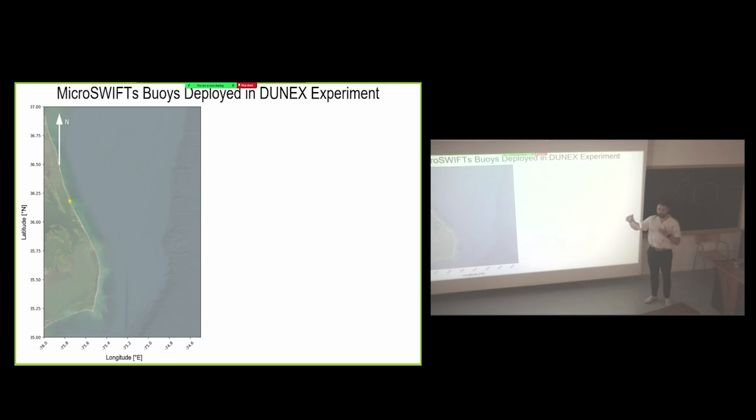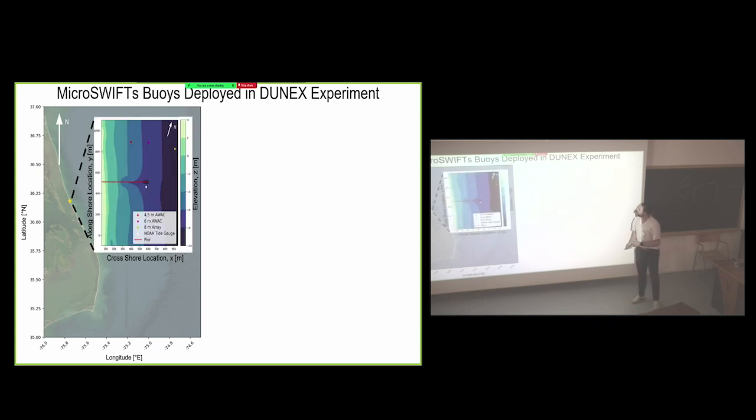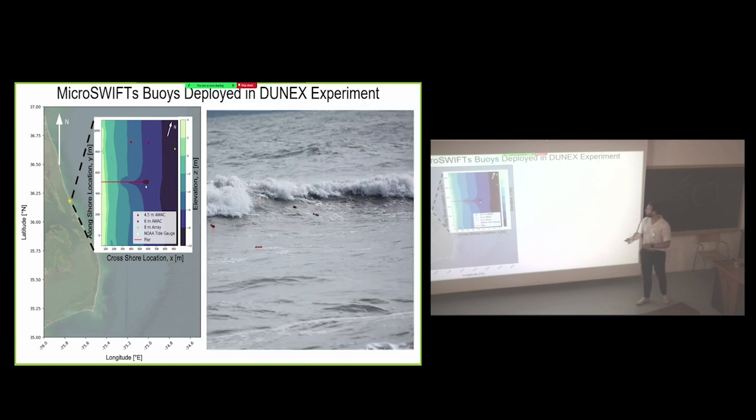So we had this field experiment at Duck, which was part of DUNEX, the during nearshore events experiment. We deployed a bunch of microSWIFT buoys, which are scaled down versions of the larger SWIFT buoy. Here's some of the local bathymetry in the area. We also had a bunch of other fixed instruments out at that time.